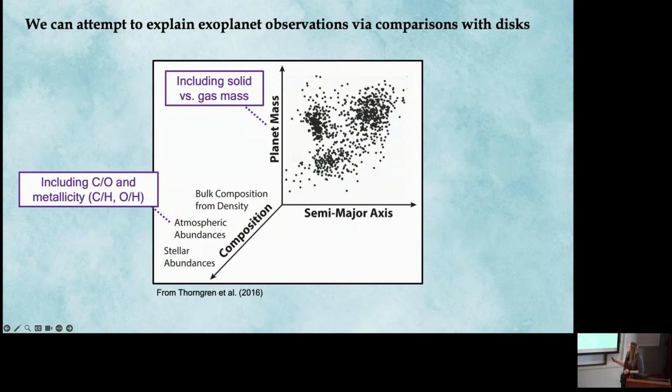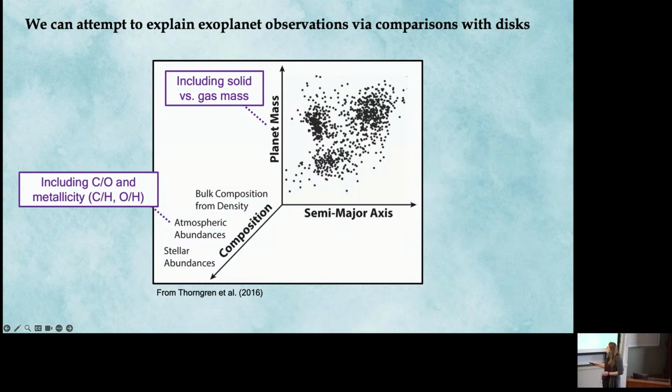So we want to be able to understand these types of questions, and we can do that by relating these exoplanet observations to observations that we can make of protoplanetary disks. For exoplanets, there's a variety of different quantities that can be measured from observations, including the solid and atmospheric gas masses of planets, their current location, distance from their star, and the chemical composition.